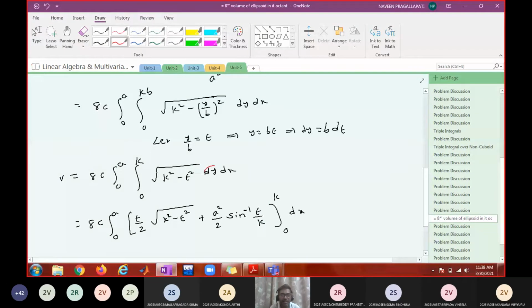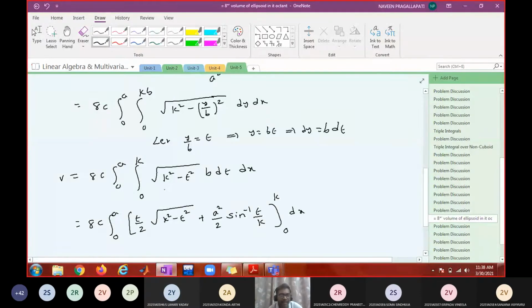There is a mistake here. dy is to be replaced with b dt. And in the equation it's not a, it's k. In the equation, it's k, not a.